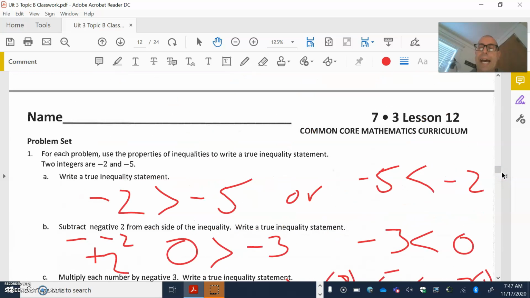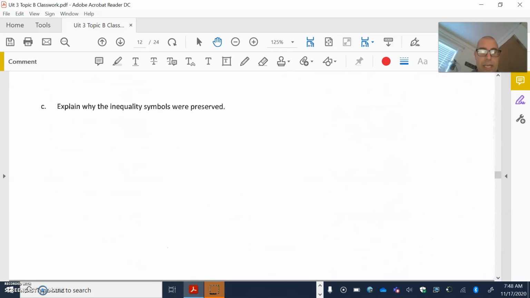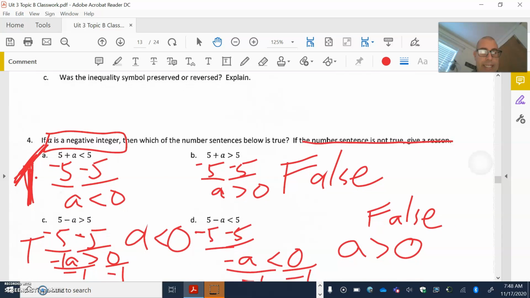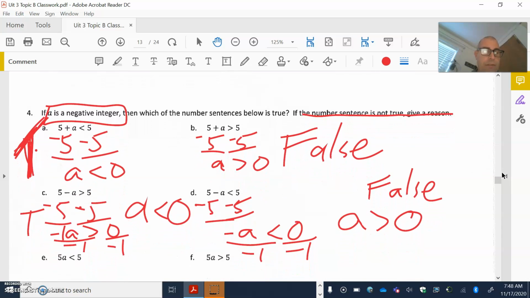If you add or subtract, you don't need to flip your inequality symbol around. We kind of saw that when we divided both sides by -1 in part C and part D, you had to flip your inequality symbol. We're going to spend a lot more time with this. Again, it's just your introduction that we've got for you.